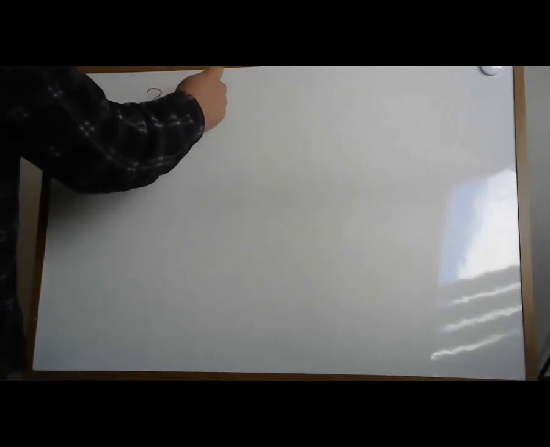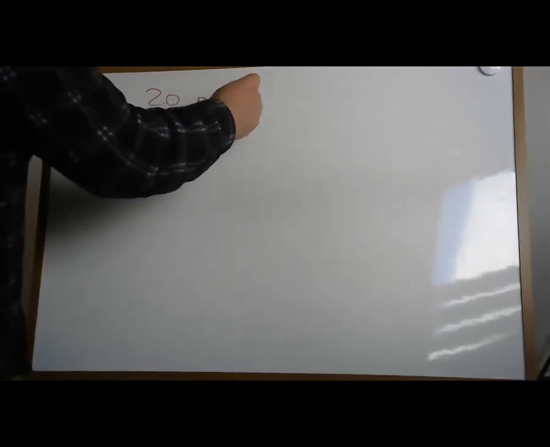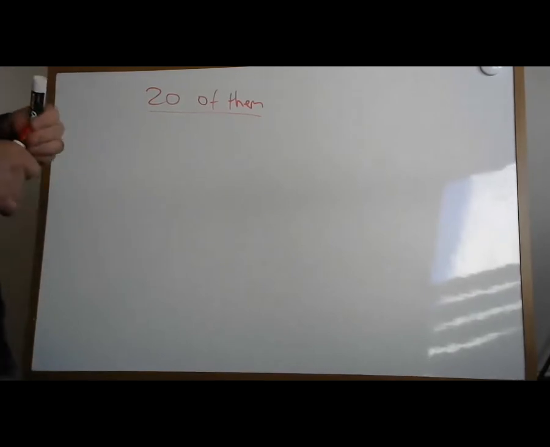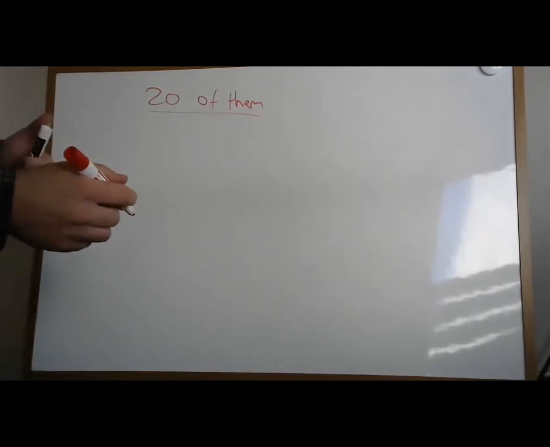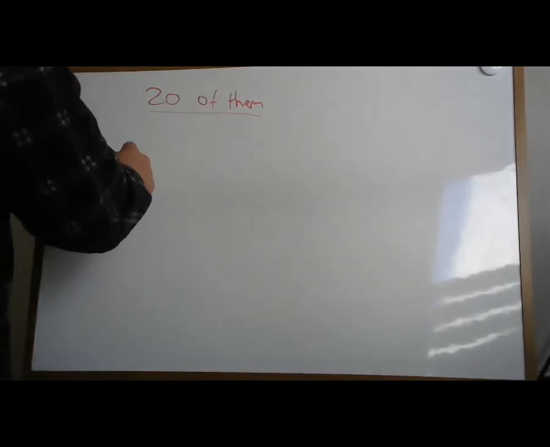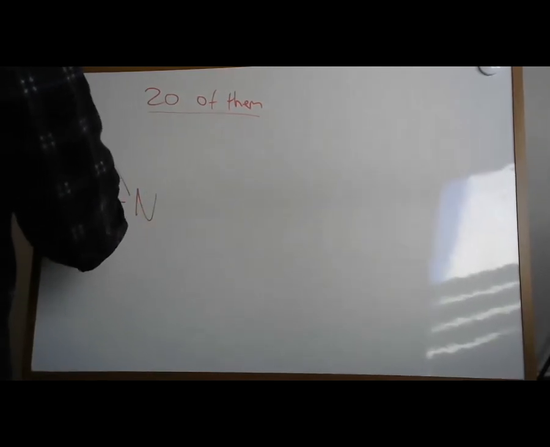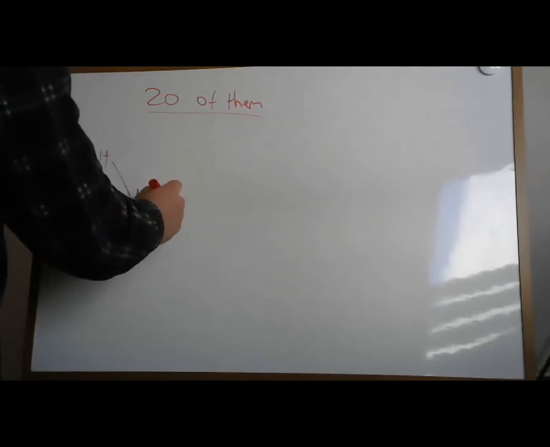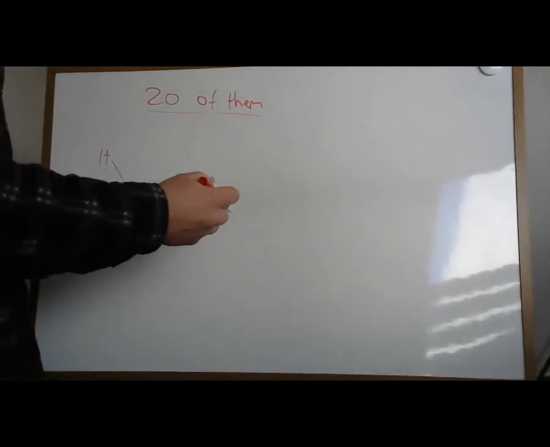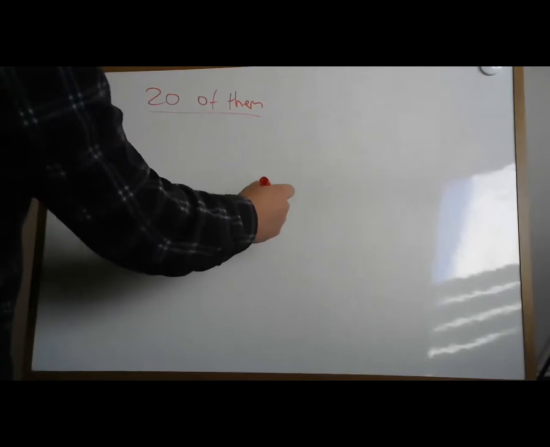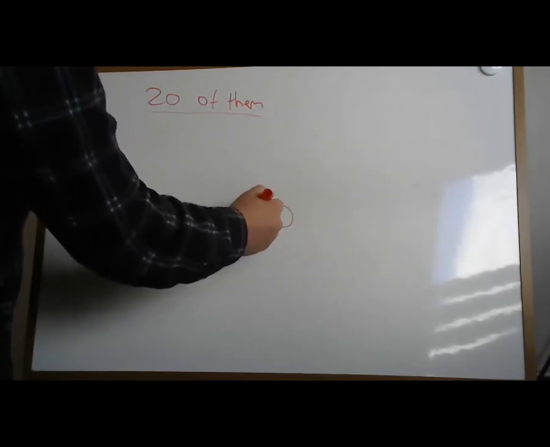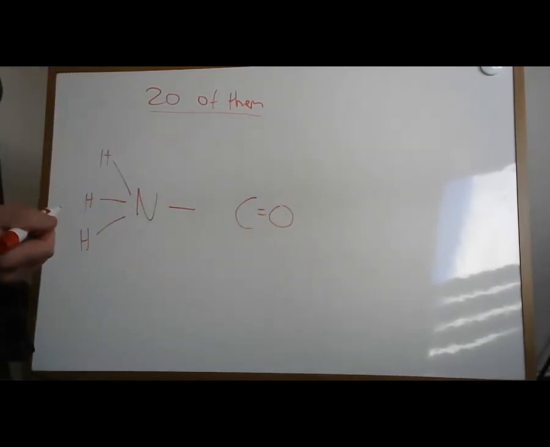So there's 20 of them. They're organic molecules, so they have a functional group. So they have an amino group on this side, carboxylic acid group on the other side.